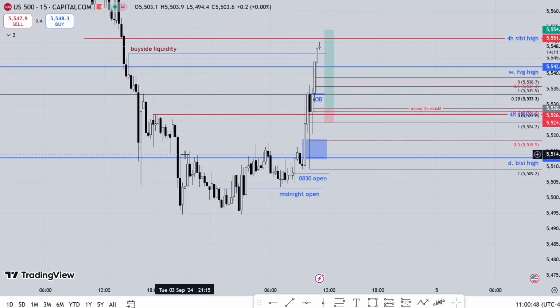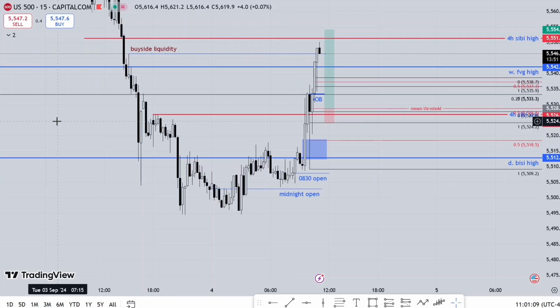So it doesn't matter if their stop loss is placed here or at this liquidity pool or at this buy side liquidity, they will be taken out. And understanding how top-down analysis helps you to have a framework when dealing in your lower time frames to trade and navigate those lower time frames.